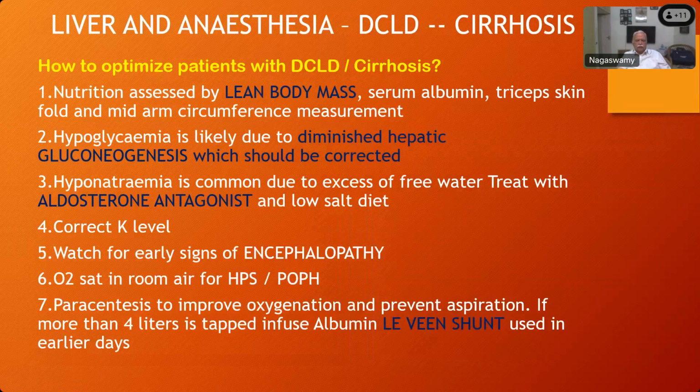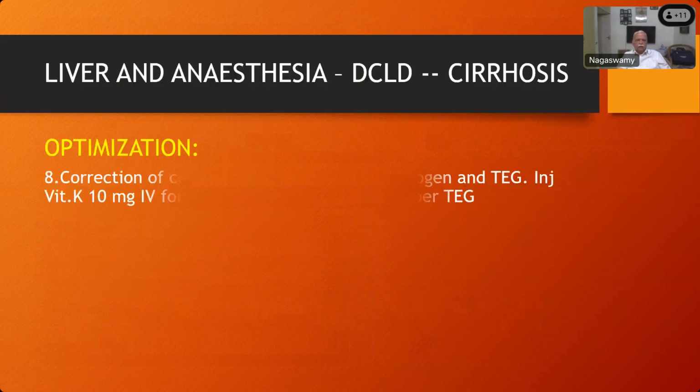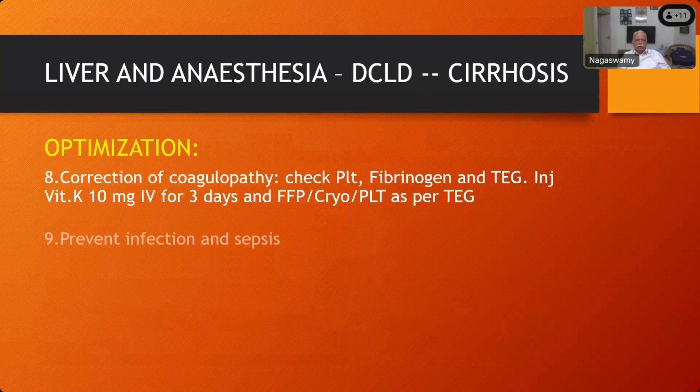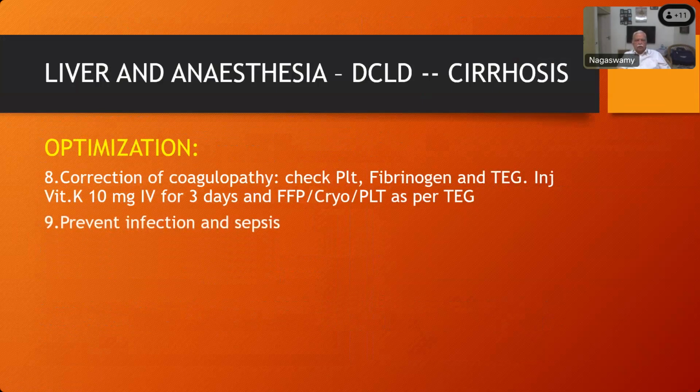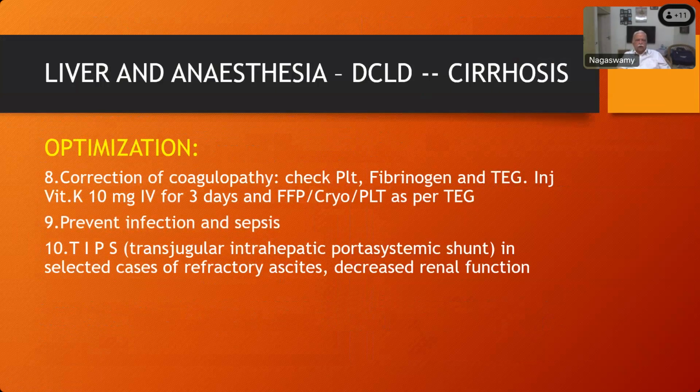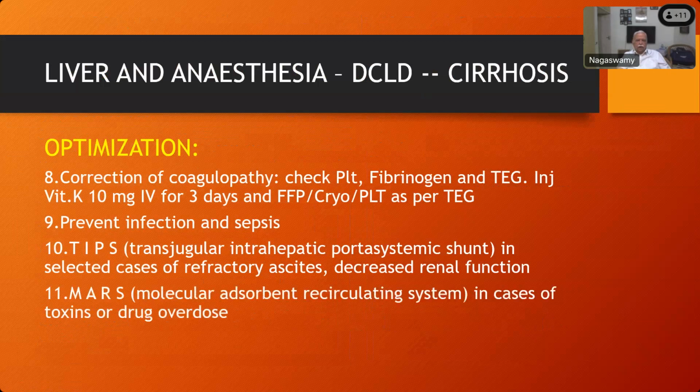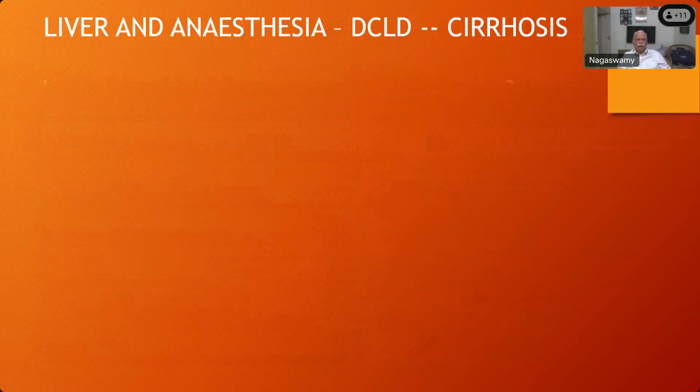And paracentesis if the ascites is very severe, correction of coagulopathy with platelets and fibrinogen based on the TEG value, prevent infection and sepsis, and TIPS, the transjugular intrahepatic portosystemic shunt. This is something like a dialysis for the kidney that can be done in refractory cases of ascites. And MARS, the molecular adsorbent recirculating system, is another new method, where drugs or toxins are causing this.